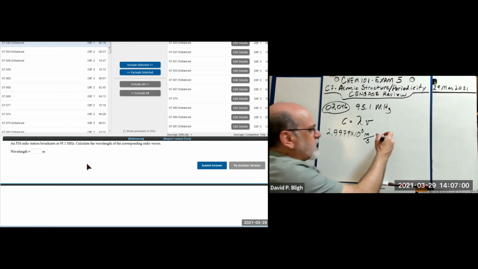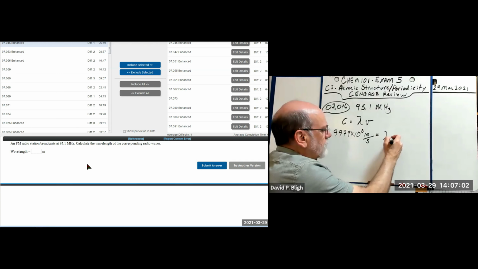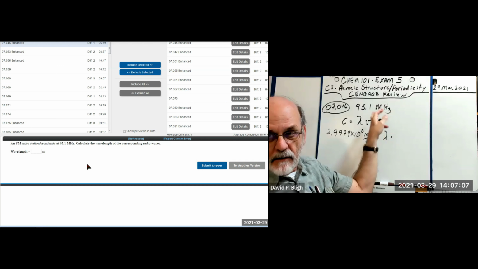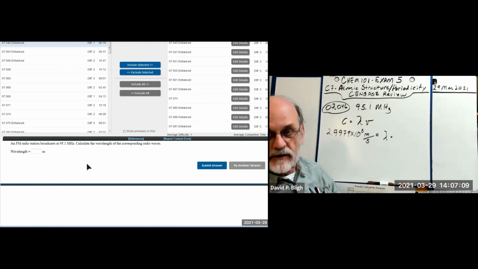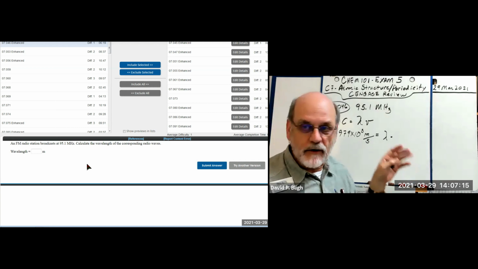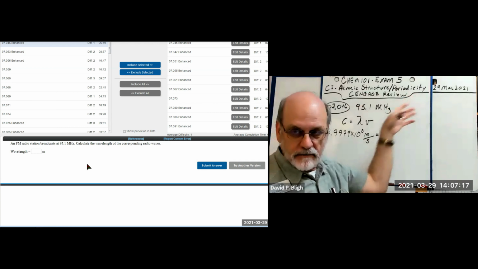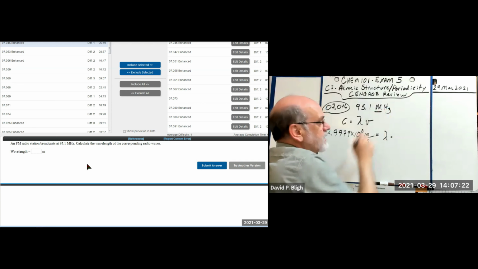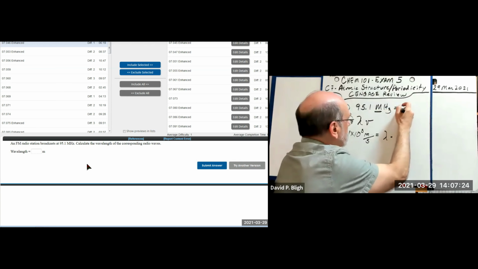Well, we're going to solve for the wavelength, but our frequency is in the wrong units. This is megahertz. So what's mega? Mega is 1,000,000 times. So the easiest way I found to convert this unit to another unit is take this mega. What does it mean?